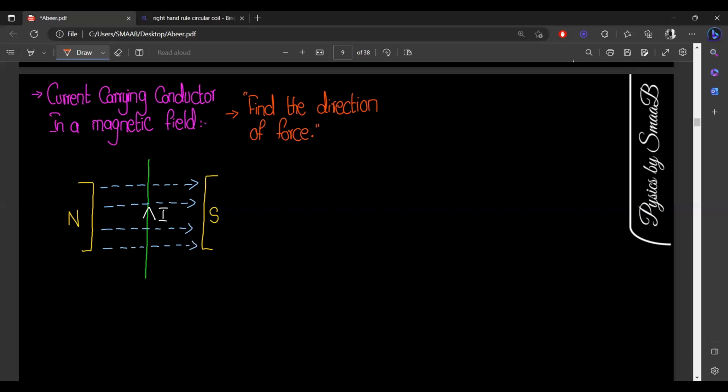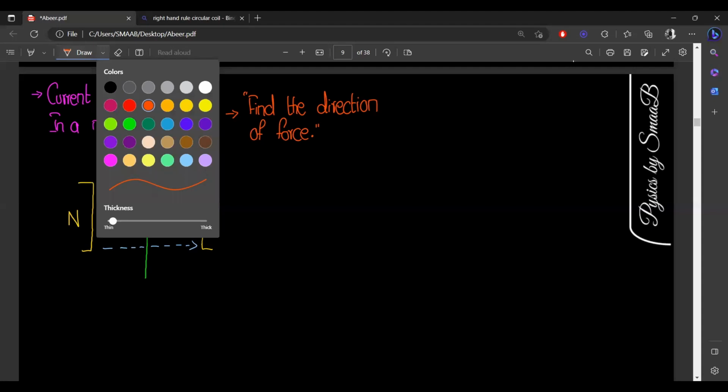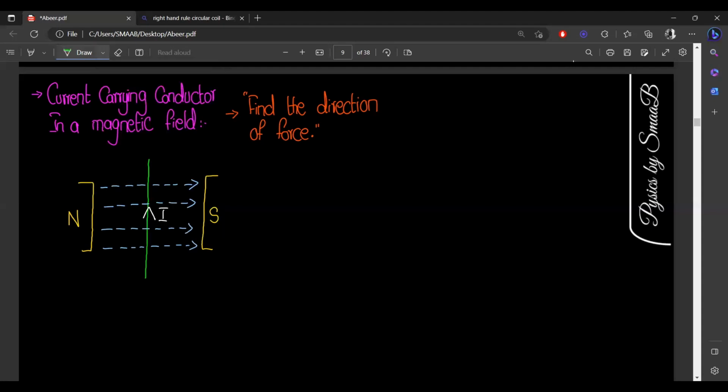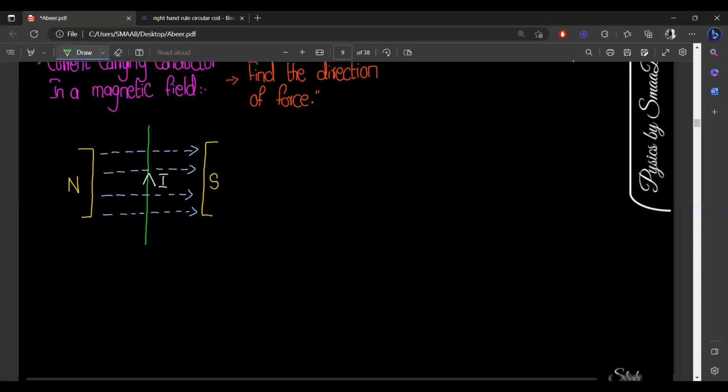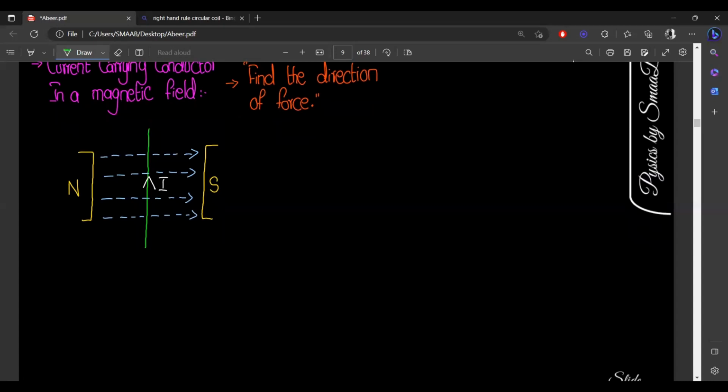So we need to find out in which direction this force is going to act. For that purpose, now we need to use the left hand rule.